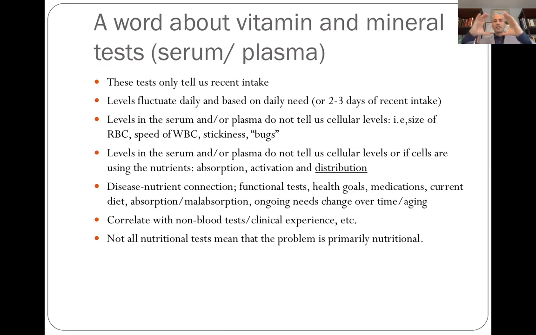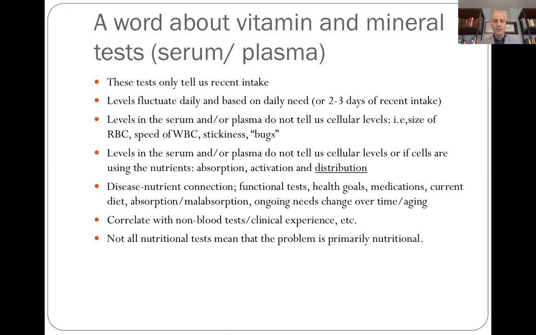But if your red blood cell is large, and you don't have cancer and your cholesterol is less than 300, which those two things can cause large red blood cells, but you've ruled them out, then that large red blood cell may be because you're not using your folic acid normally, and also your B12, B6, vitamin C, E, and B1, roughly in that order, just based on the size of a cell. But that is a functional test. You're seeing something actually moving with your blood test. So there's lots of examples of those that go beyond this conversation in terms of functional laboratory tests.